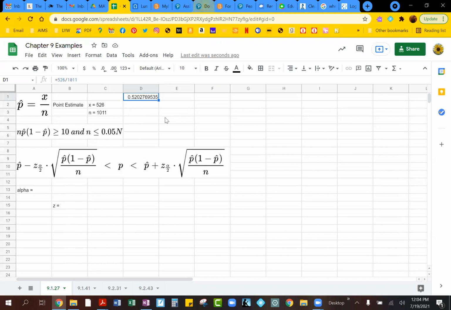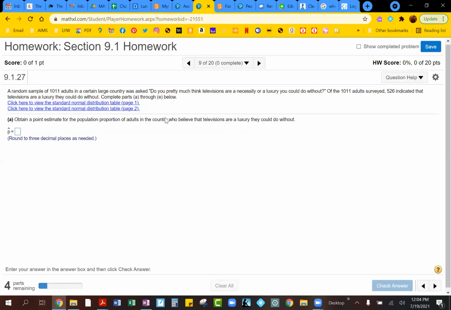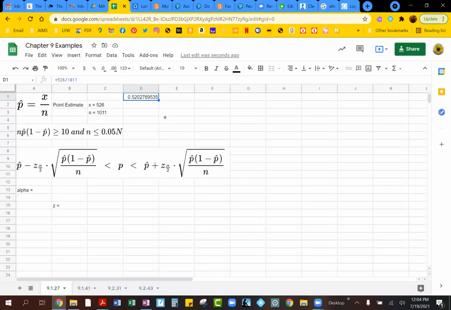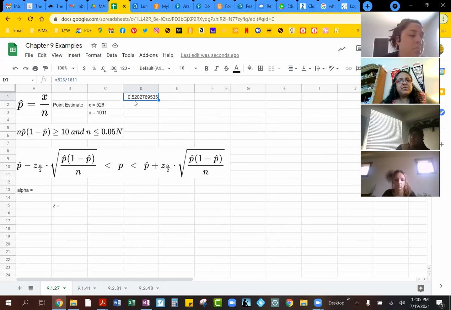And then here is where they're telling you how they want this answer rounded. So you will see they're telling us to round this to 3 decimal places. So when you round it to 3 decimal places, what do you think this number will come out to be? 0.520, because you're just going to 3 decimal places.